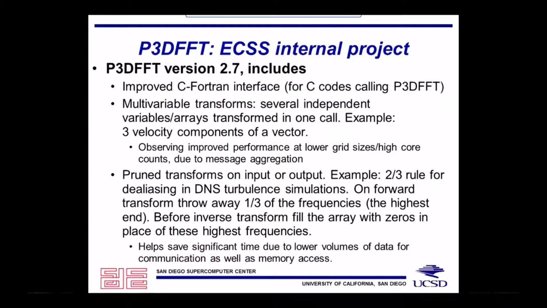Another feature added here is pruned transforms. It can be on input or output. So, for example, consider the so-called two-thirds rule for de-aliasing in DNS turbulence simulations. What it requires is that on the forward transform, 1/3 of the highest frequencies are thrown away after the transform. They are not needed for the algorithm. And before doing the inverse transform, the array is filled with zeros in place of these highest frequencies.